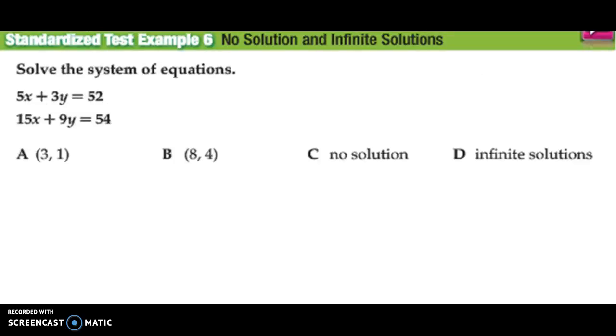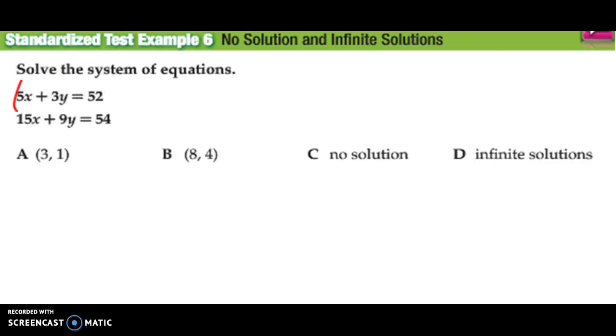Now, if I look at this one right here, it says solve the system of equations: 5x plus 3y equals 52, and 15x plus 3y equals 54. The thing I notice about this is neither of the coefficients in front of x are the same, and neither of them in the y are the same. So I'm going to multiply either one or both of the equations so that they are.